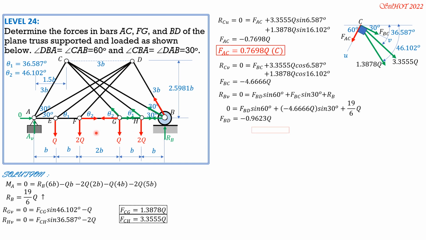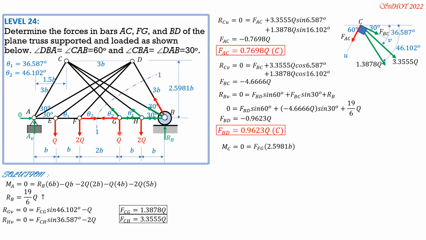Then we consider FG is left. We consider section 1-1 and all forces to the right of that section. Because these three green forces meet at C, it is the best way to sum up moments about C, or summation moments about C equals 0. Considering clockwise positive, so FFG, moment arm 2.5981 B, that's plus.